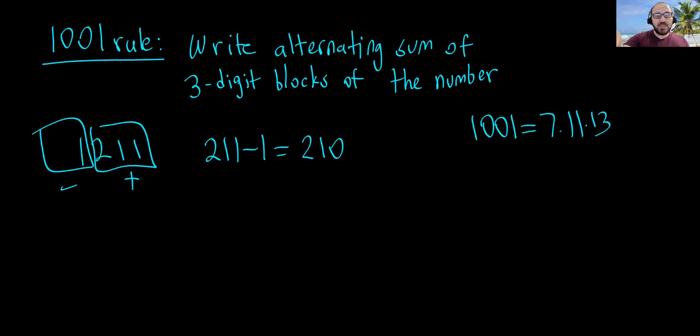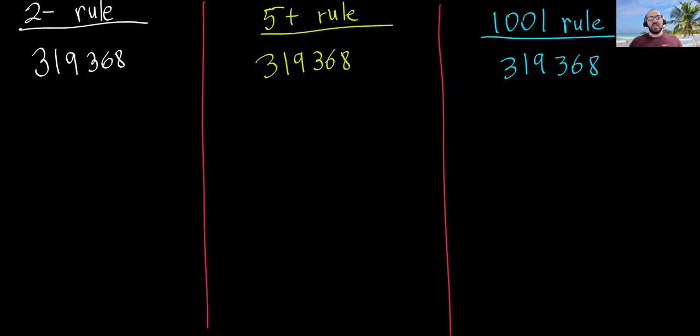Now let's see how these 3 rules compare to each other with this example. I multiplied a random 5-digit number by 7. I know that this starting number is a multiple of 7. So let's see how the different rules will compare. In the first one, we double the last digit and keep subtracting.